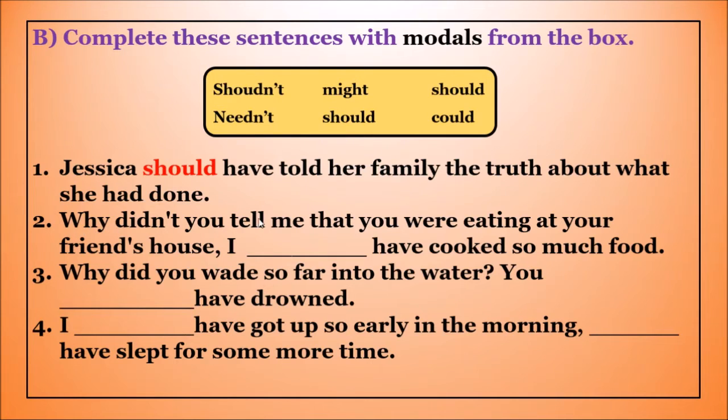Second one: why didn't you tell me that you were eating at your friend's house? I dash have cooked so much food. For example, a mother is asking; eating at a friend's house is not a bad thing, but you must have informed her. Why?